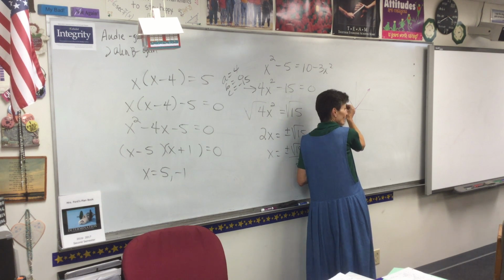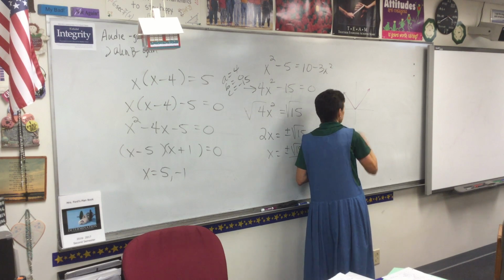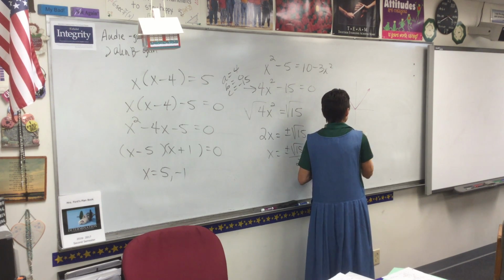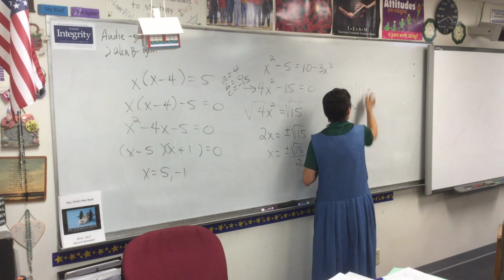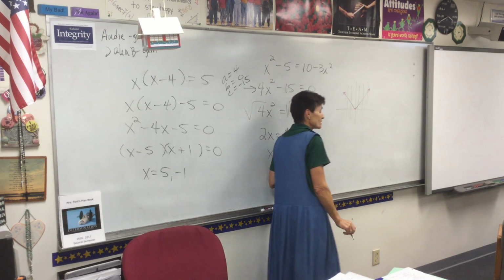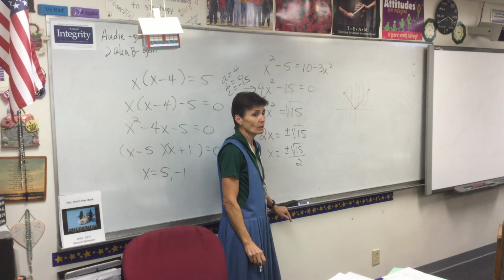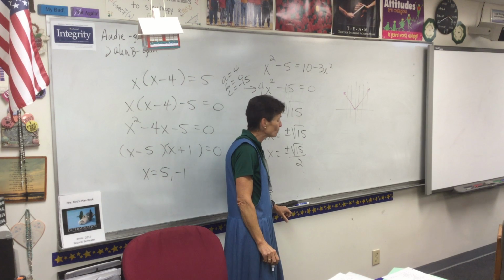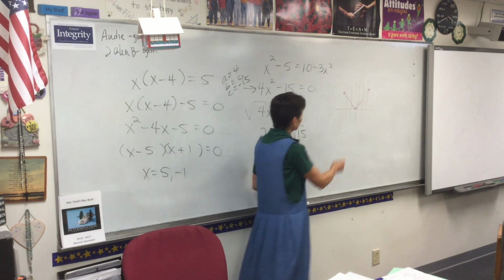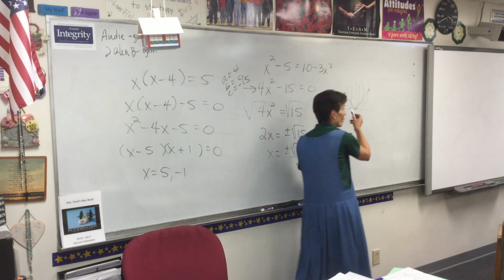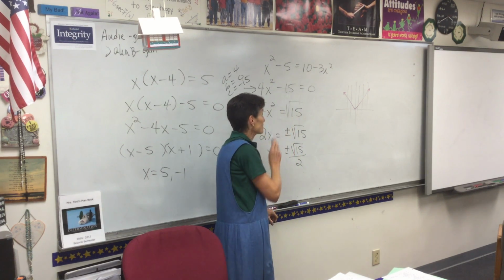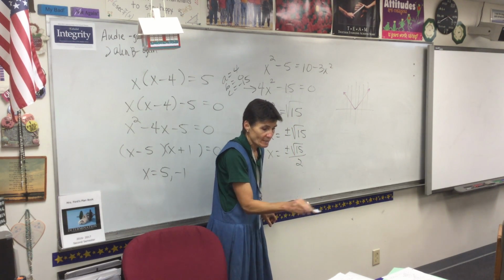Once. It never hits it more than once. So this is a function. Any of you ever talk about it as the vertical line test? If any vertical line crosses more than once, you're in trouble. Well, none of these do. These all cross exactly once. So that's a function.